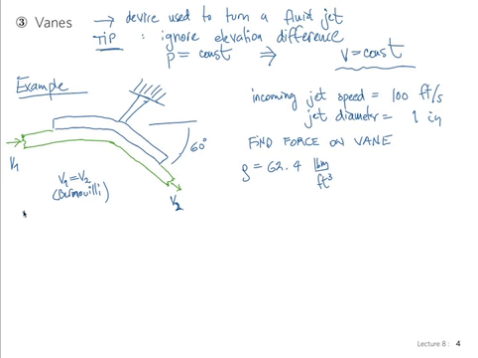And continuity: all the mass flows have to be equal, so we can just use m dot for mass flow. The trick here is to choose a proper control volume.